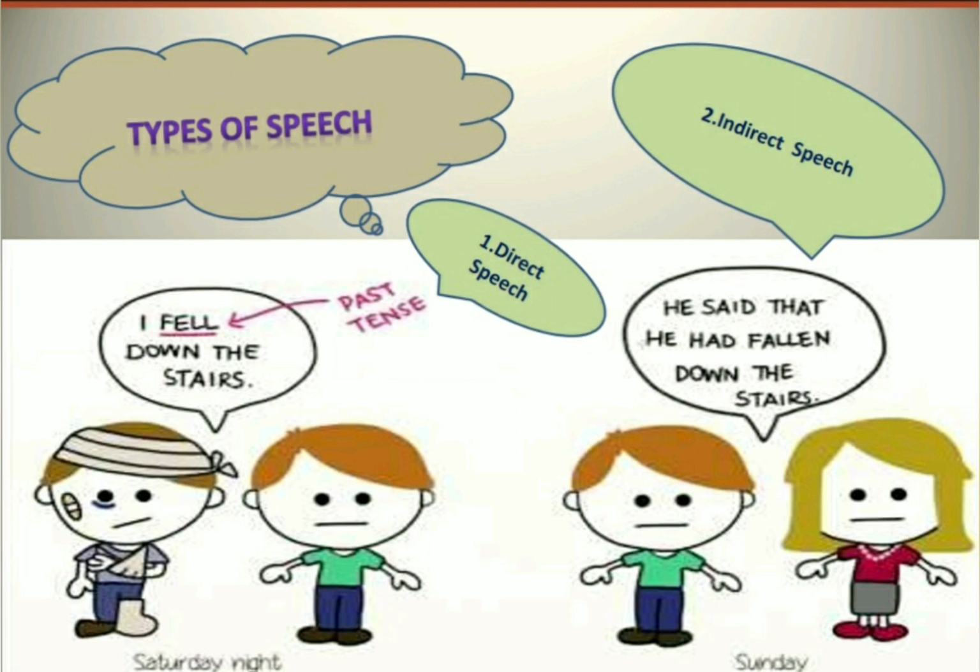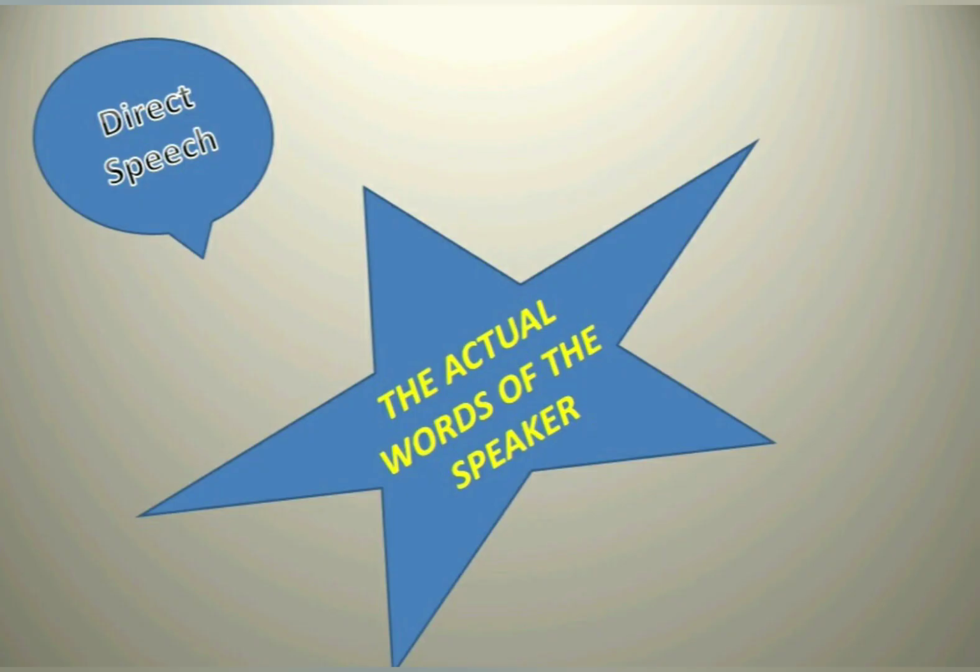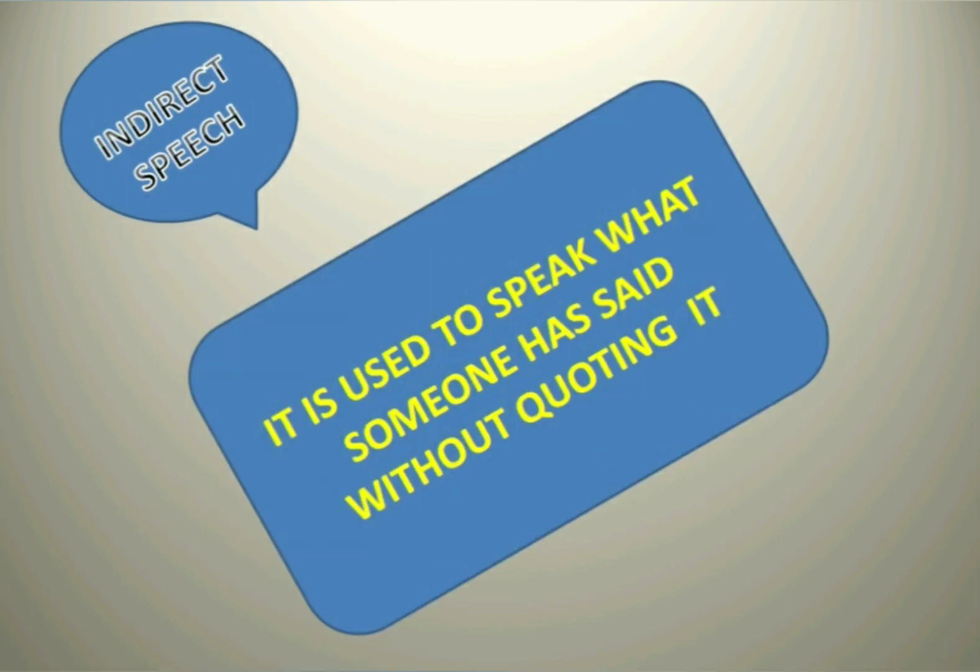So, by the second speech, it is clear that here the words of another person are spoken by someone. So it is called indirect speech. In this way, we can say that in direct speech, the actual words of the speaker are written. And indirect speech is used to speak what someone has said without quoting it.